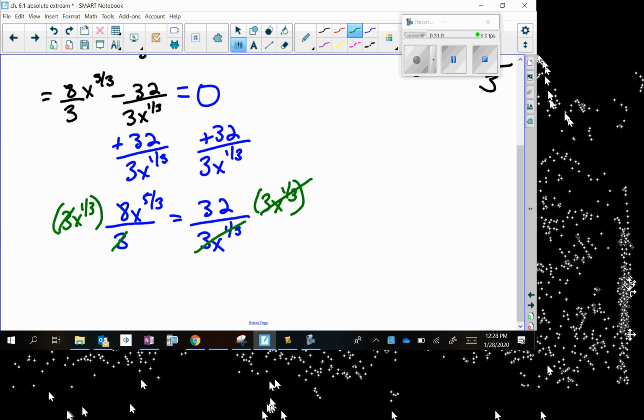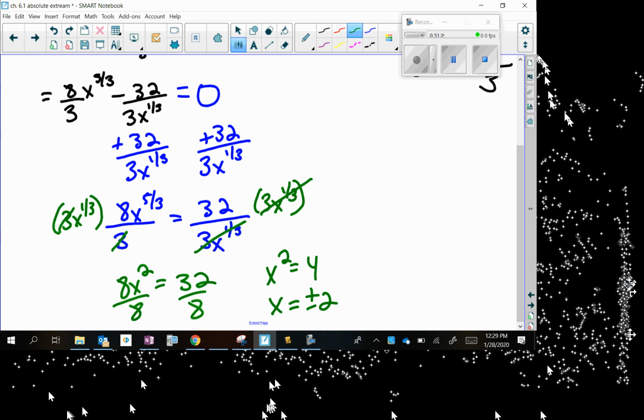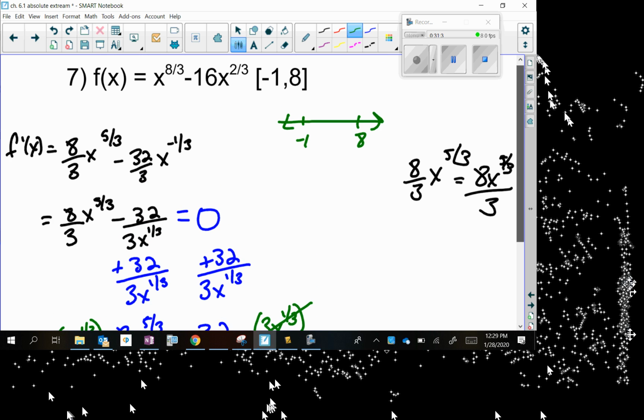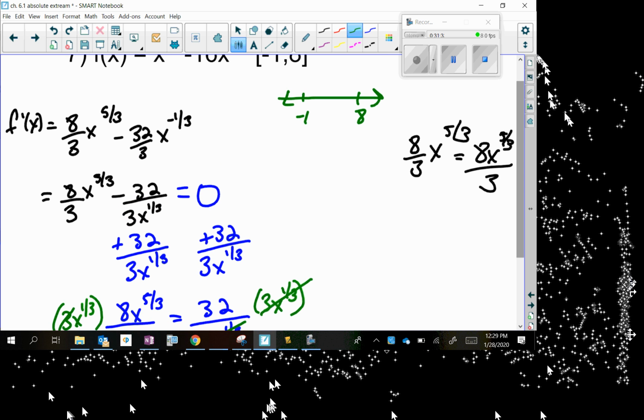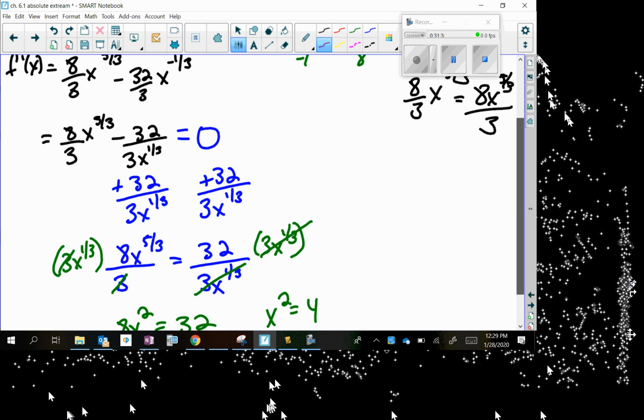So this becomes 8x squared equals 32. And now it becomes a little easier. Divide by 8. X squared equals 4. So x equals plus or minus 2. And which one do we care about? Yep, just the 2, just the positive.